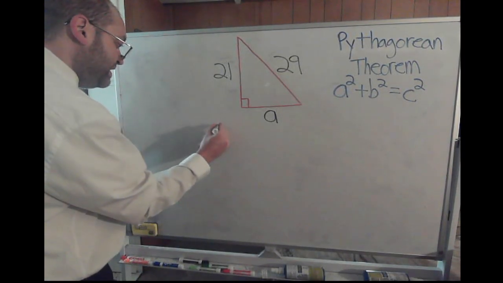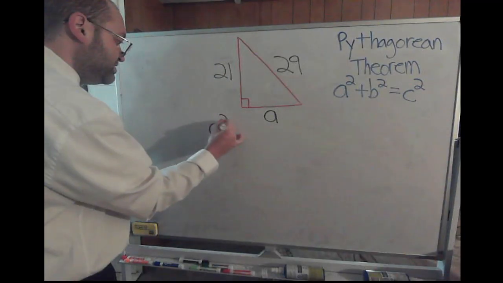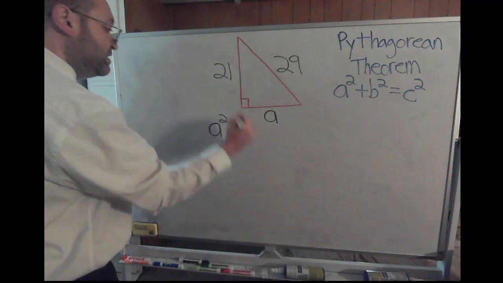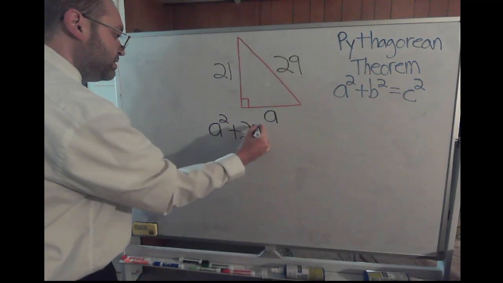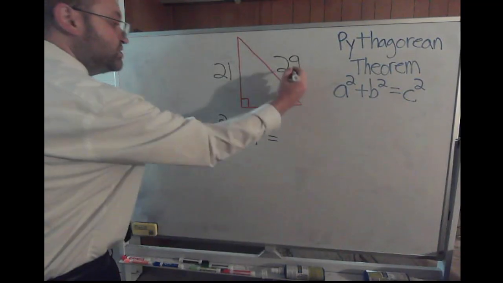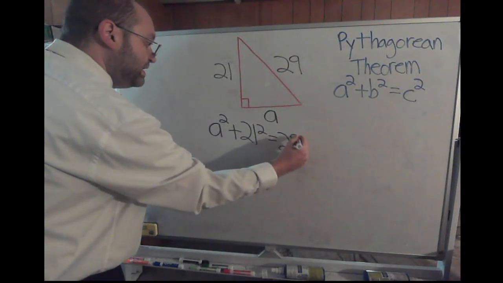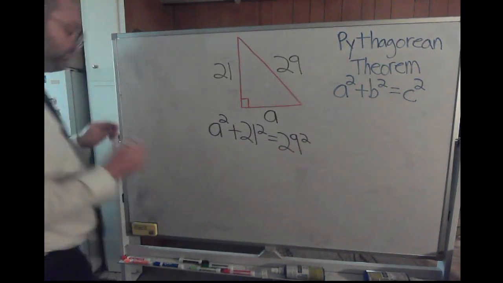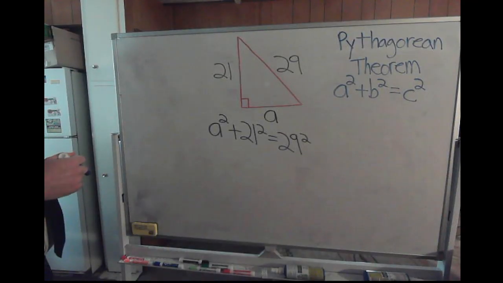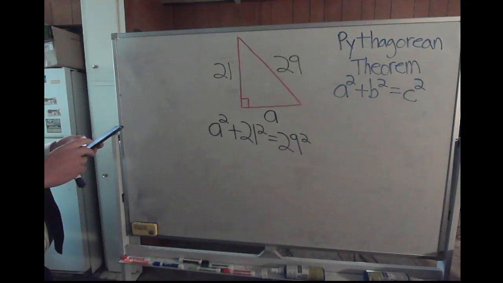You're going to take your A squared plus your 21 squared. You'll set that equal to your C squared, which would be 29 squared. Well, now let's break out the calculator and do a bit of math here. I need to figure out what 21 to the second power is.